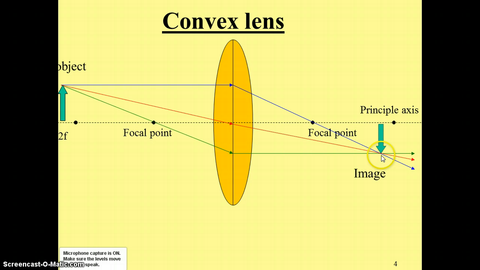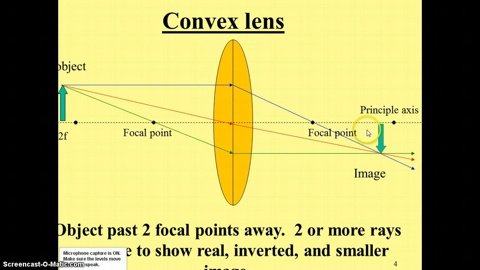So this is a little bit different than mirrors. Whenever we had images behind a mirror, they were virtual. For a lens, though, they will be real. Okay. This image does also happen to be a little bit smaller than the object, and we'll see that whenever we're more than 2 focal lengths away, the image will be a bit smaller than the actual object.